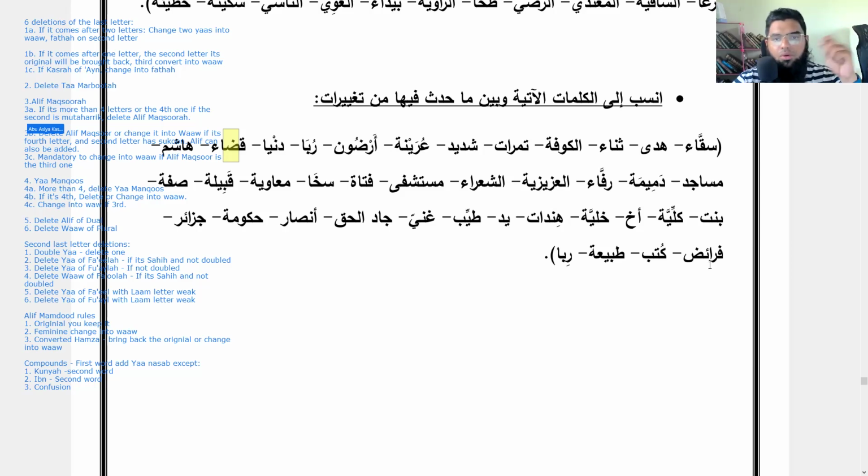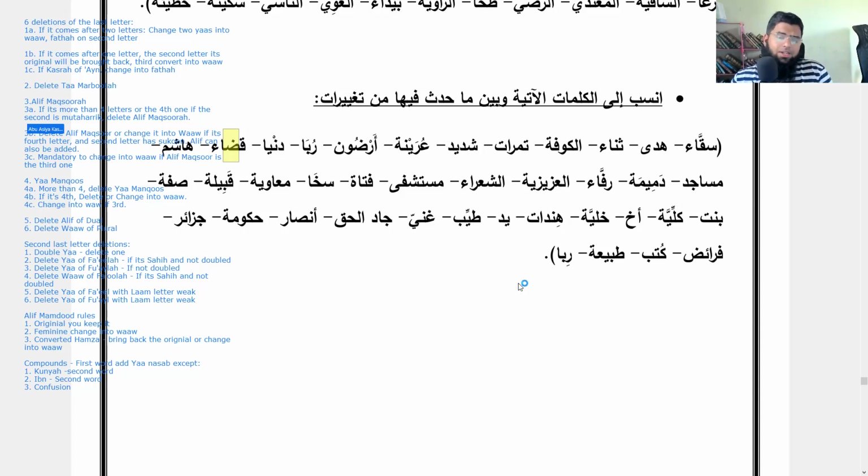Fara'id, faradi, go back to the singular. It's just a lot of rules. Kutub, kutubi, I mean, kitabi, go back to the singular. Tabi'a, fa'ila rule applies here. Fa'ila, so ba is double, no. So taba'i, natural. Riba, third letter, ribavi, usual.